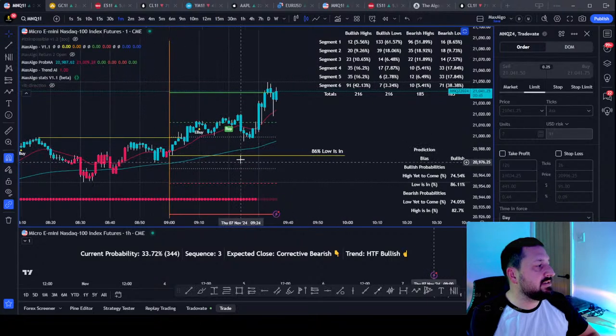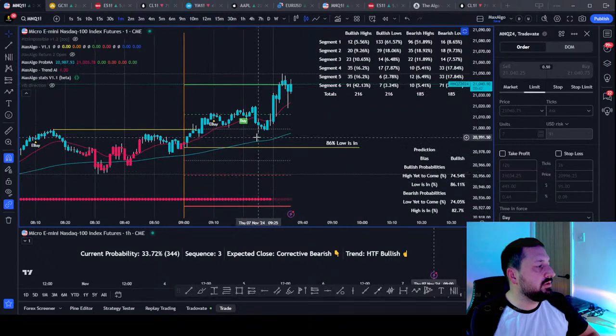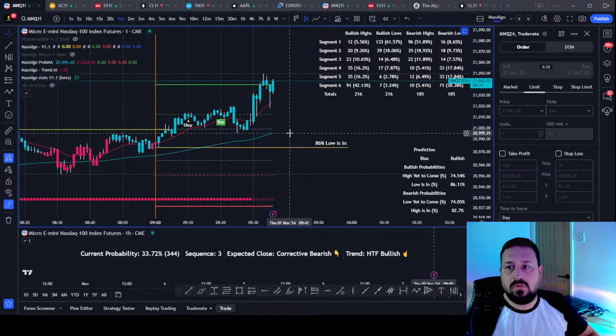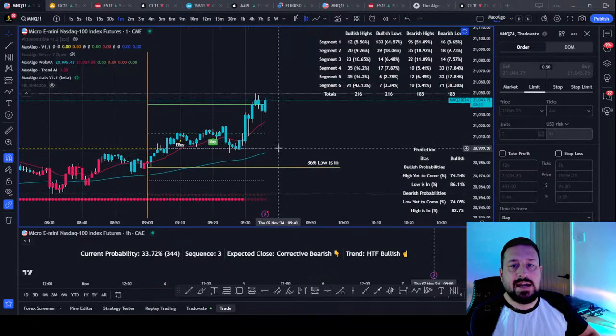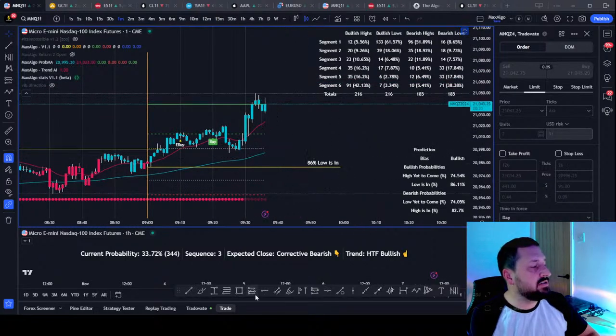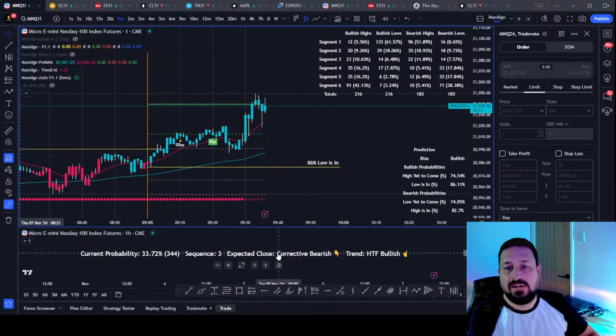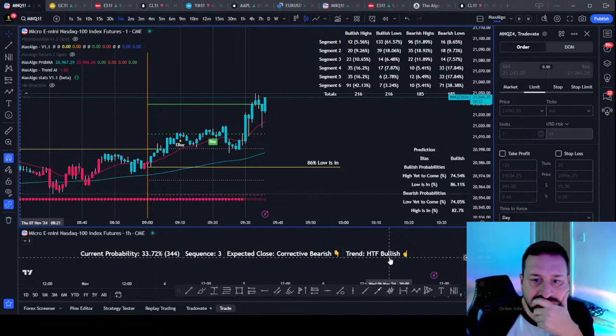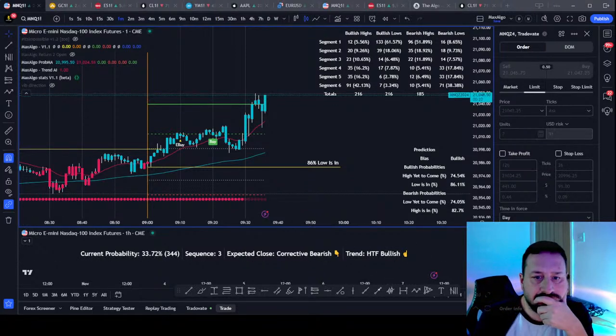We did not come back to the open. We're only just past halfway. I really want to see us change the hourly to match. We need to see that trend weakening.